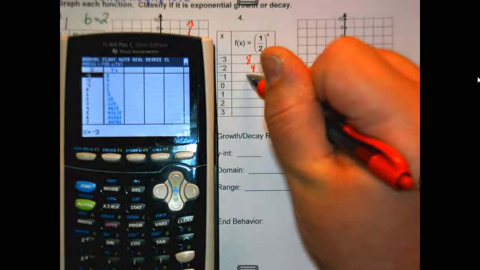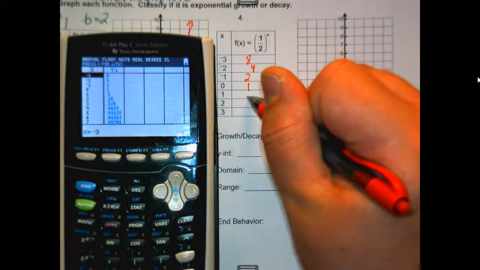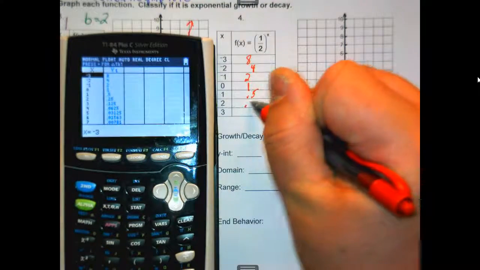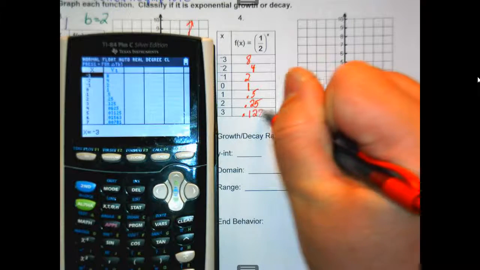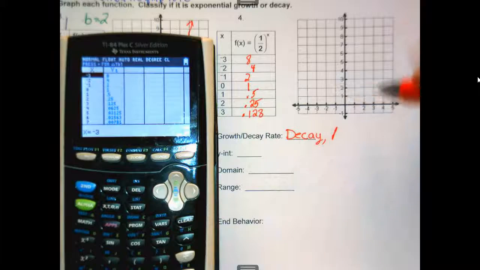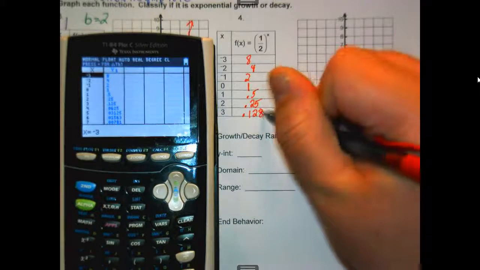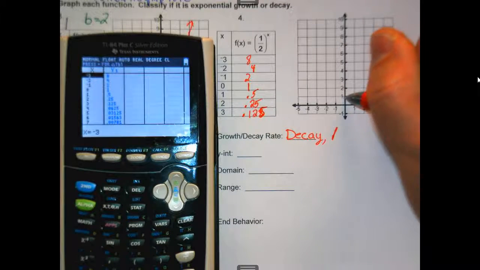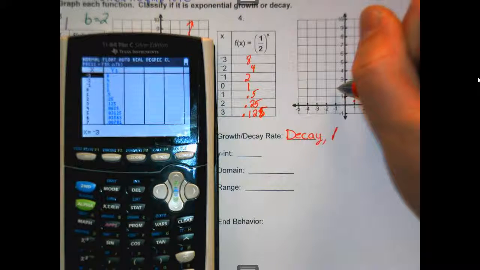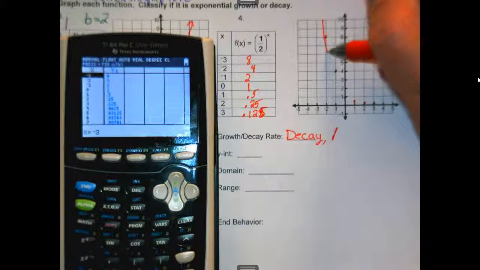Half of 4 is 2, half of 2 is 1, half of 1 is 1/2, and half of that is a quarter. Here's my graph.